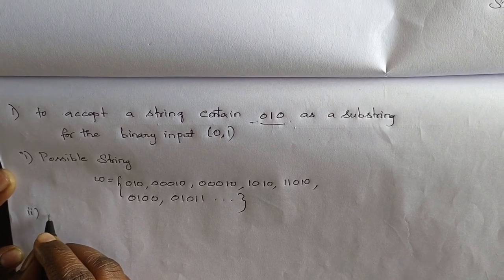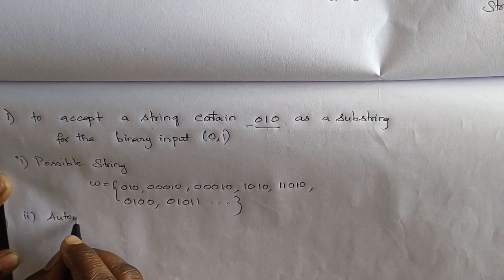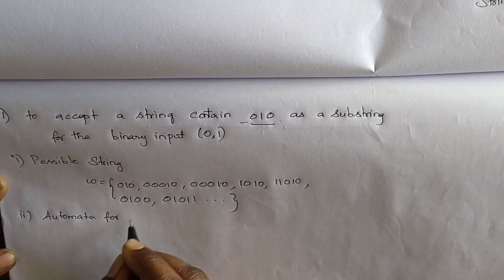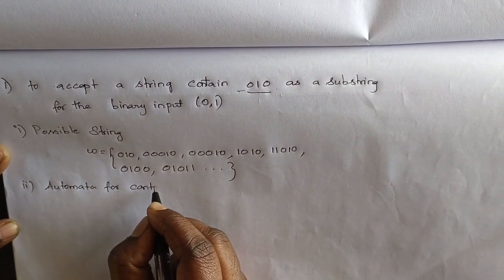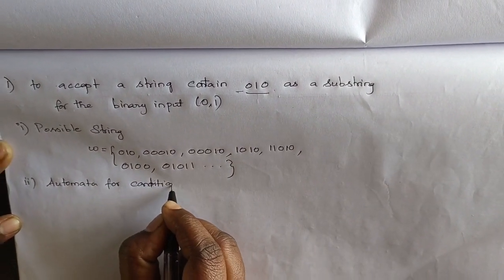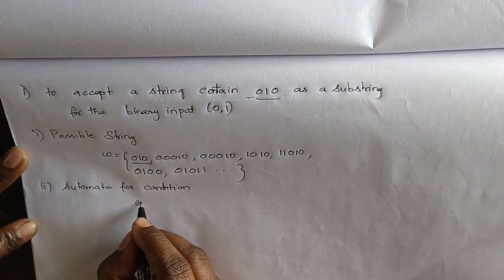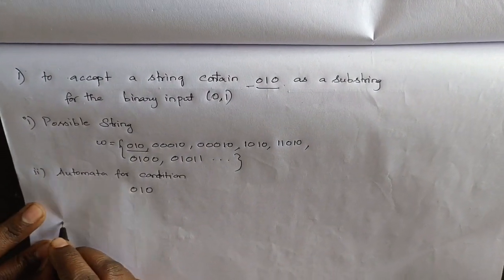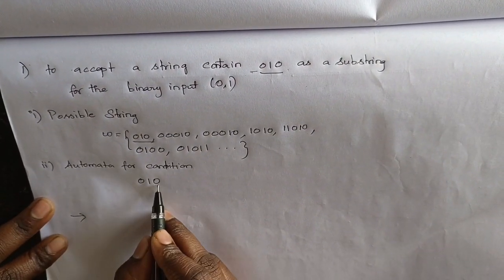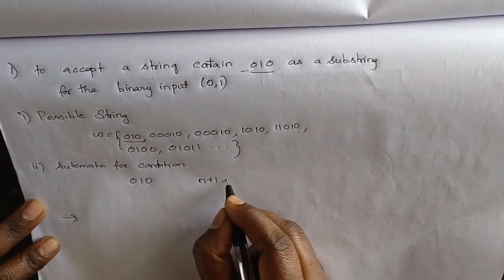Second, the automata for the condition. The condition is 0, 1, 0. For n number of inputs, we need n plus 1 states.